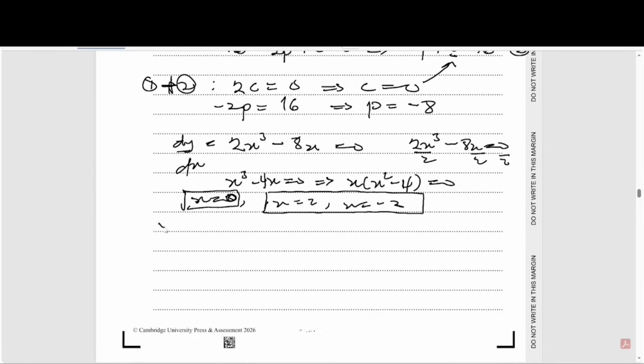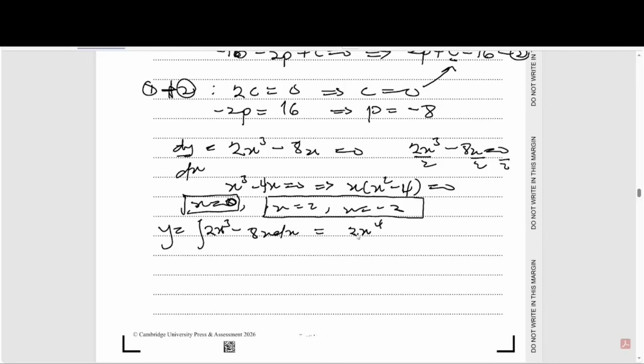So we integrate y is equal to the integral of 2x cubed minus 8x with respect to x. That gives us 2x to the power 4 divided by 4, then minus 8x squared divided by 2 plus our constant of integration. Let me use k.